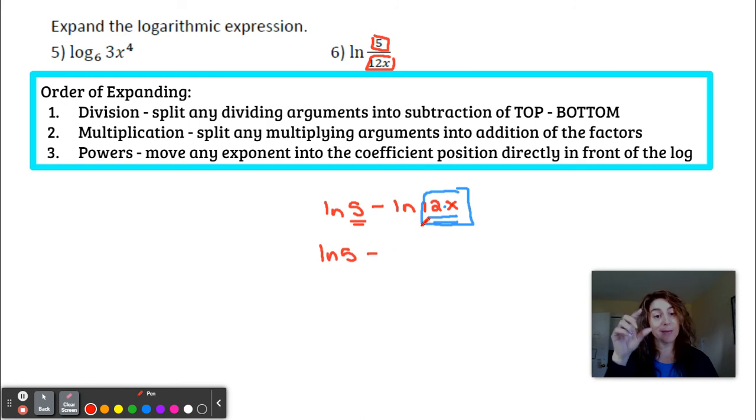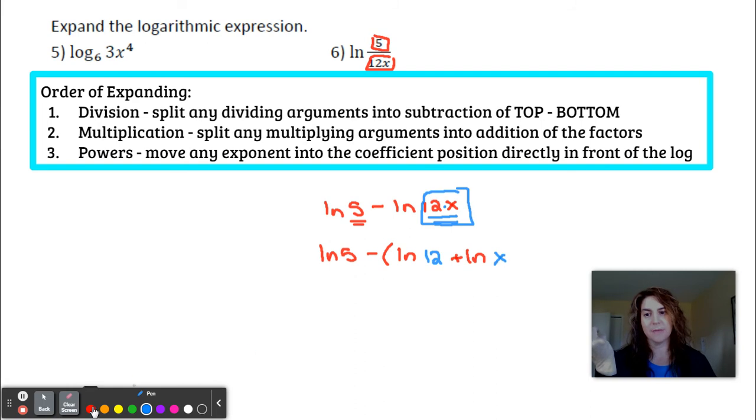Minus. Now I'm actually grouping, or I'm splitting this group. And since it's a subtraction problem, I do need to make sure I take note of keeping that grouped together. So I am subtracting this whole thing that I'm splitting up. So ln of 12 plus ln of x, right? And it's addition because it was a multiplication problem.